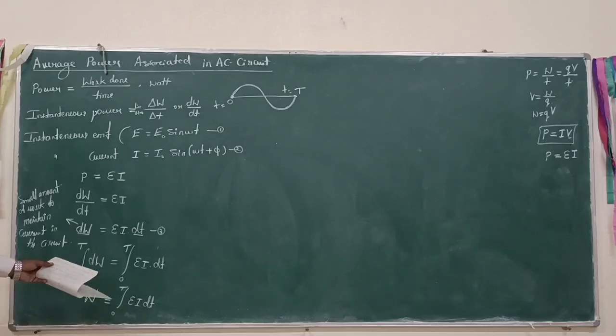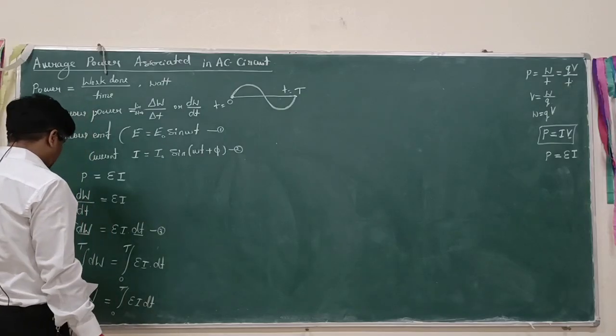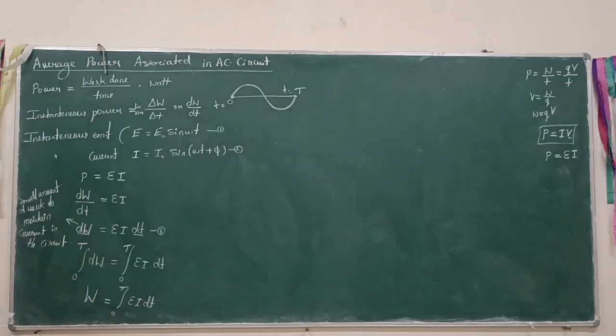We have the value of E and I. Substitute these values. So let us see what we get when we substitute the values of E and I.